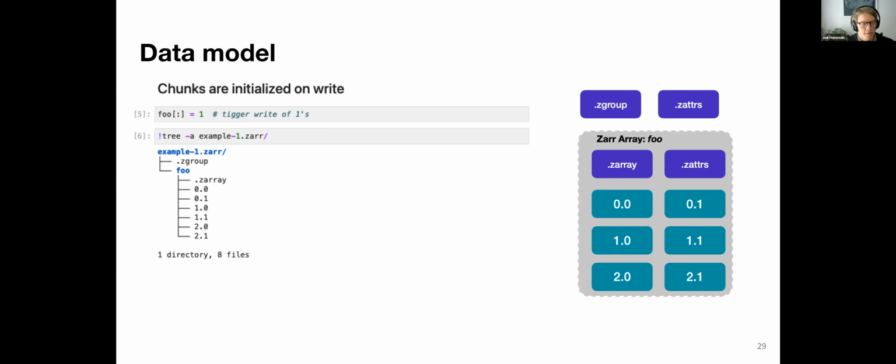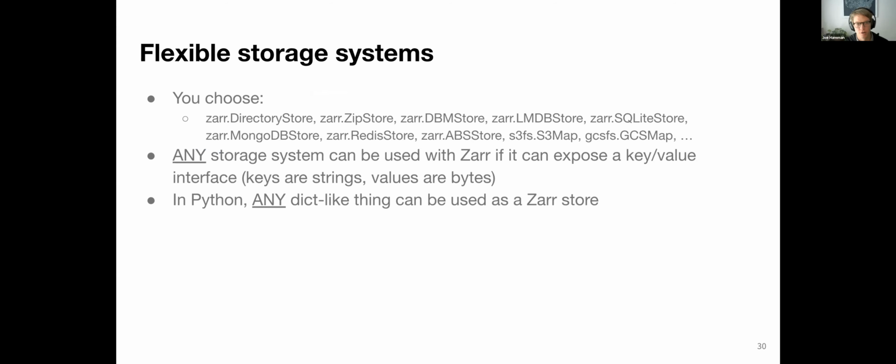So this is a really simple take on what the Zarr data model is, and one of the key things to remember is that we're using the directory store here, and so we can actually inspect this on a file system. But there's actually a lot of other storage systems we can use, and you get to choose. It's one of the best parts about Zarr, the flexibility of its storage system.